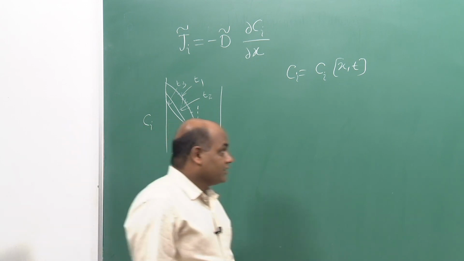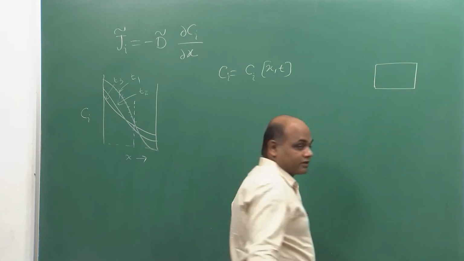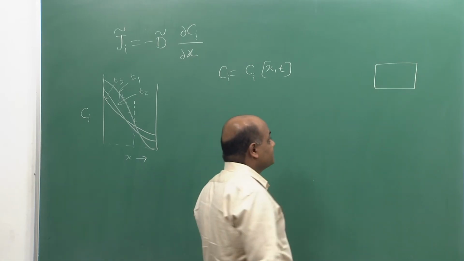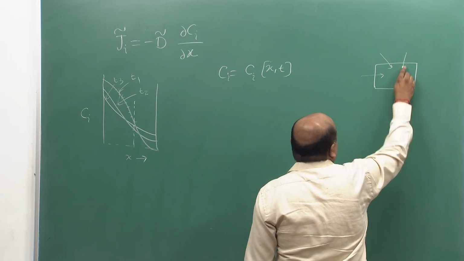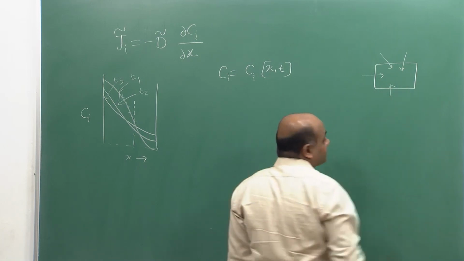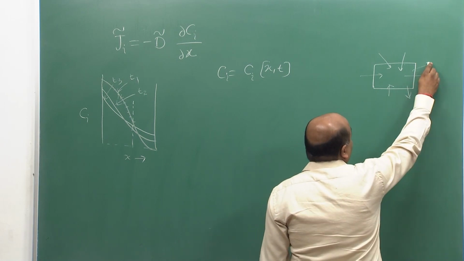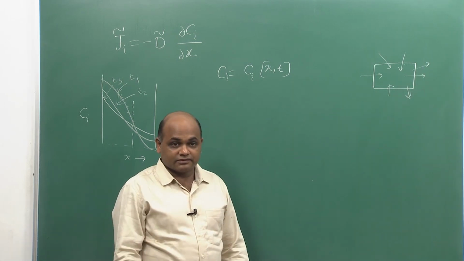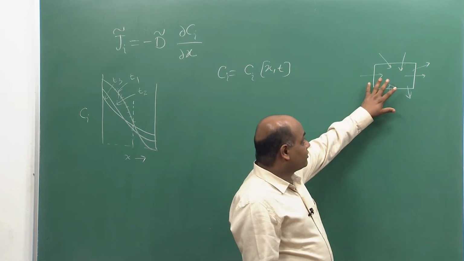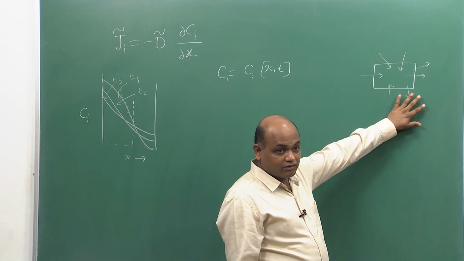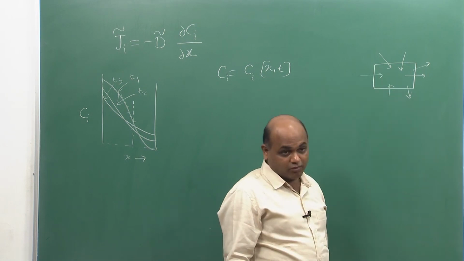So, if we consider a box into which there is a species I entering from some directions and there is also species I leaving from other directions, it is a simple equation: the rate of inflow minus the rate of outflow will give me the rate of accumulation of component I inside this box.